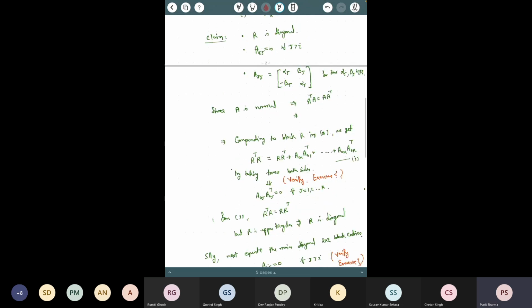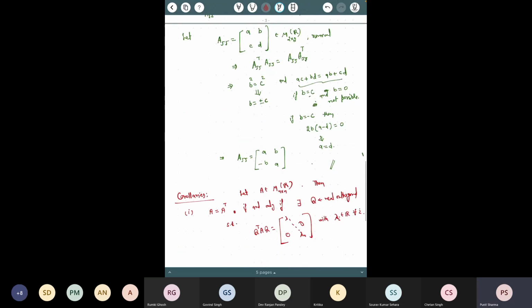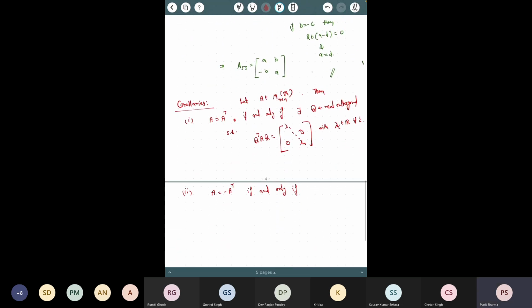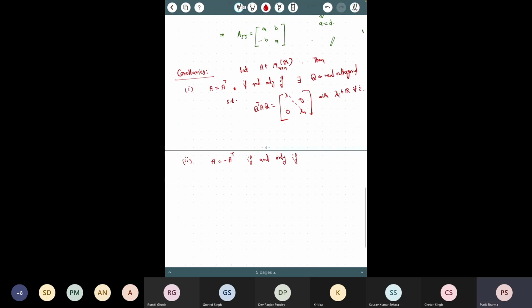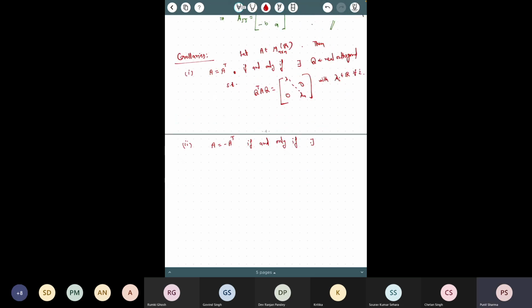So what would be the statement here? Now you can write it using this result. That A is skew symmetric if and only if there exists Q, again real orthogonal, such that Q transpose AQ is of the following form.